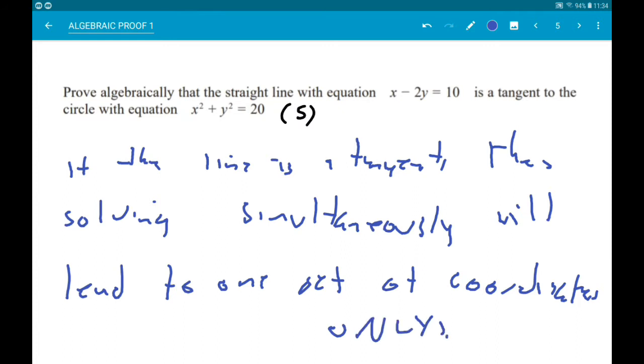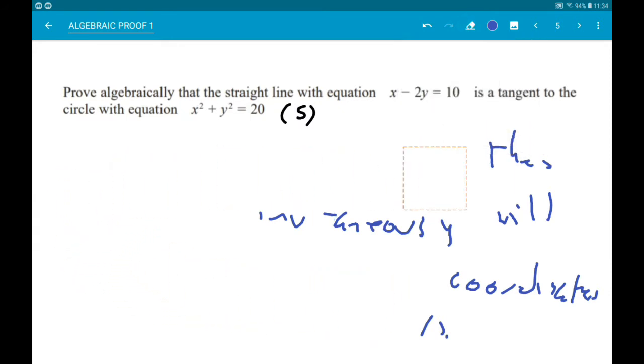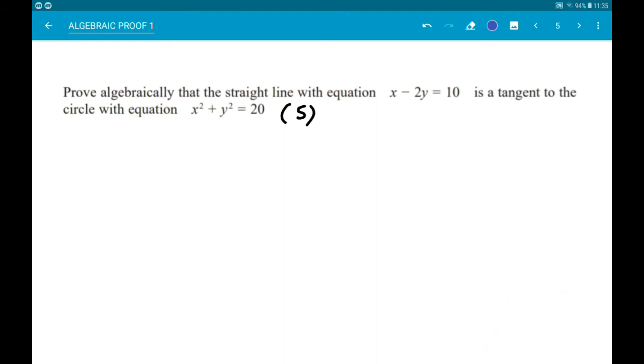So one x value and one y value. Because I'm going to run out of room, I'm going to delete that. Okay then.